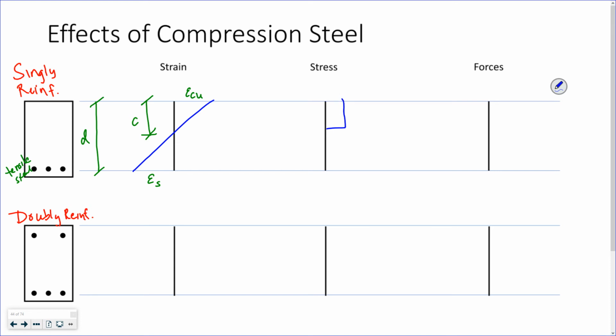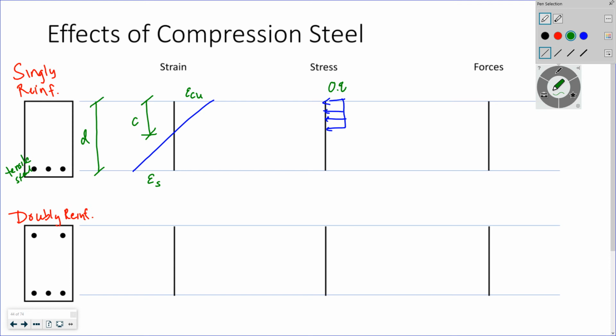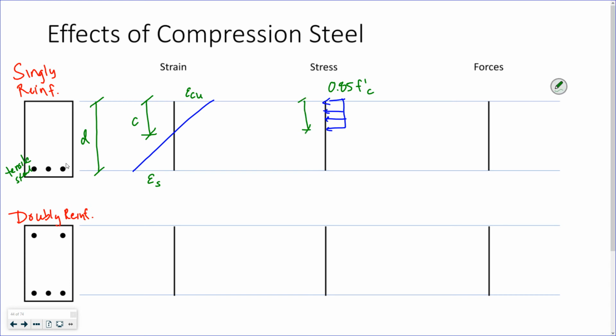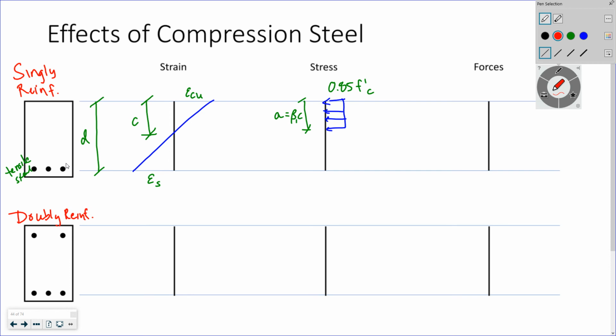It has a magnitude of 0.85 F prime C, and it happens over a height A, which is equal to beta 1 times C. At the other end, we have tensile stress in our steel, Fs.